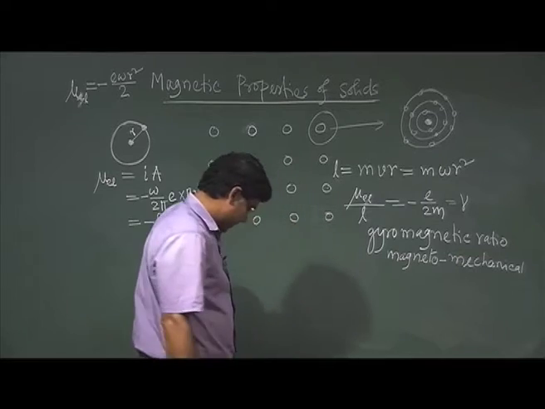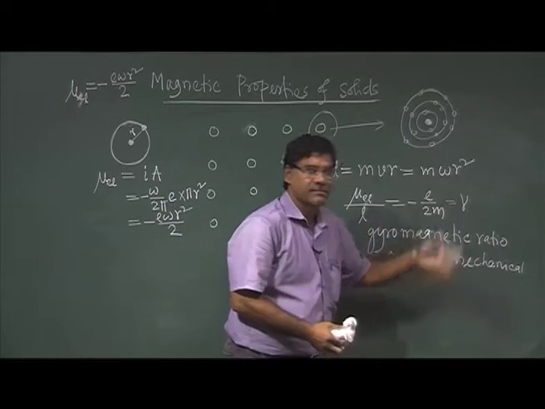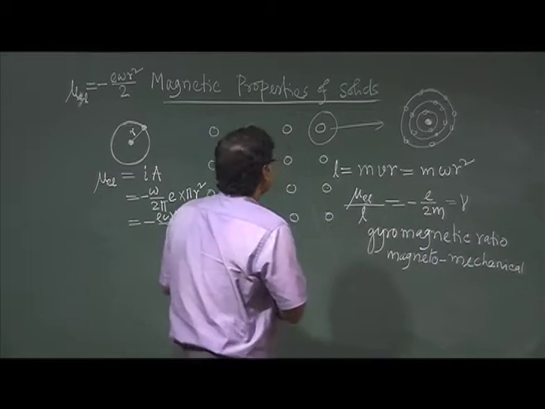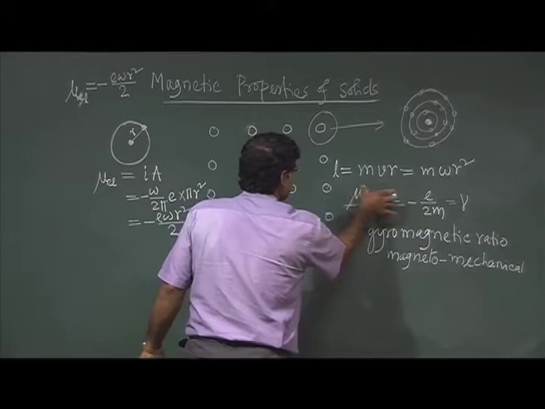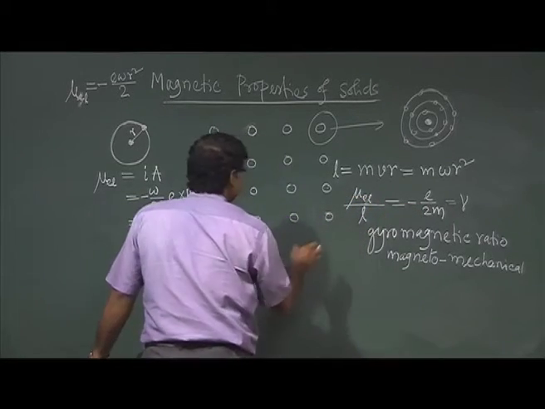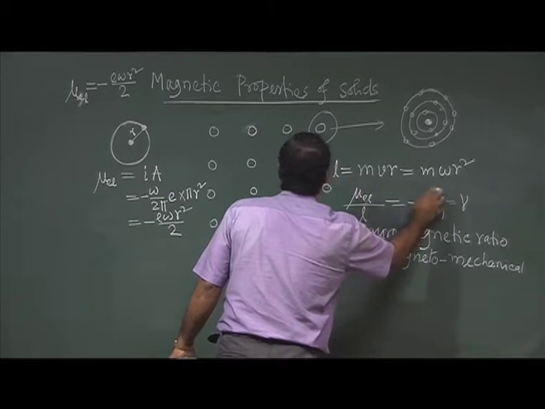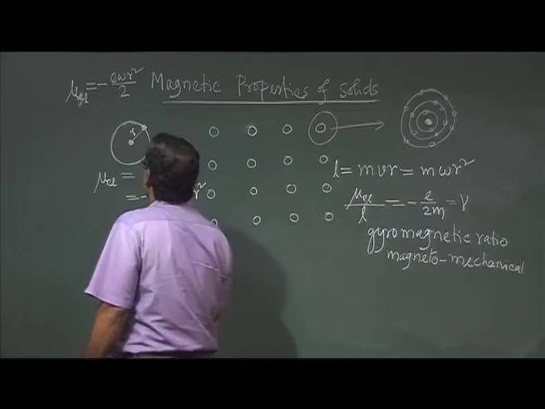This type of name is given. So this is the important ratio, and it is a constant for an electron in orbit.